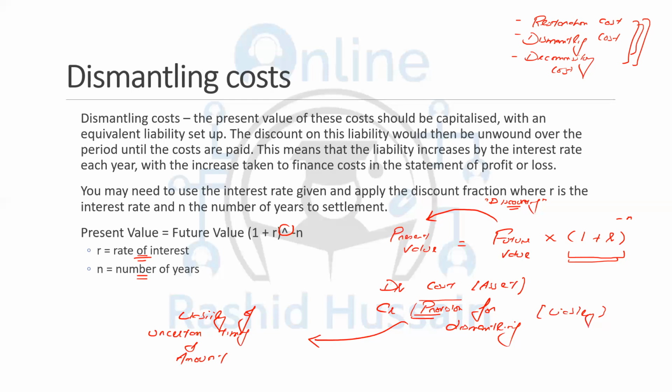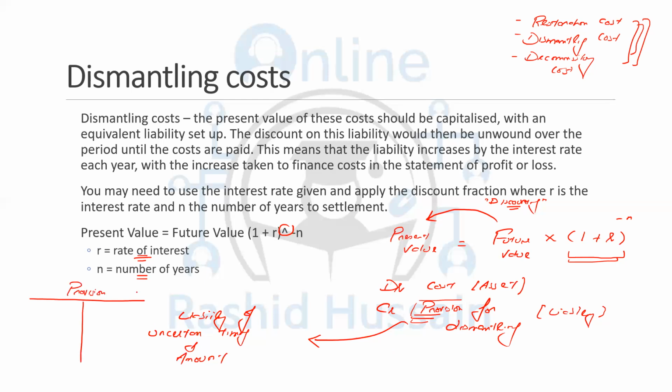I know that after a certain number of years I'm going to dismantle it, but maybe I do not have the correct idea exactly how much I'm going to spend on this dismantling. So it's an uncertain amount. That is why we call it a provision. And now you know from your accounting concepts that you are going to make an account for the provision.